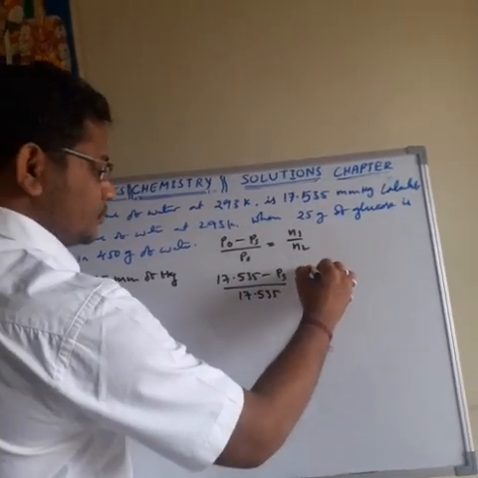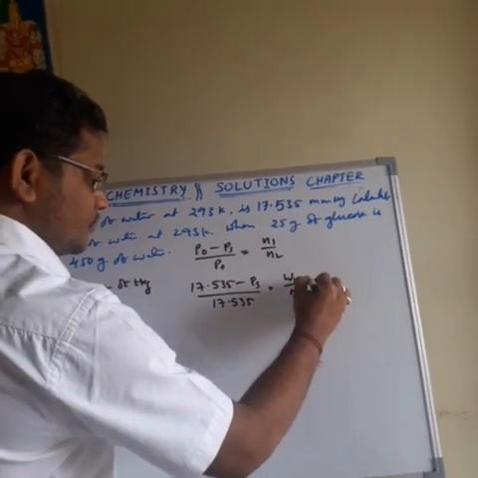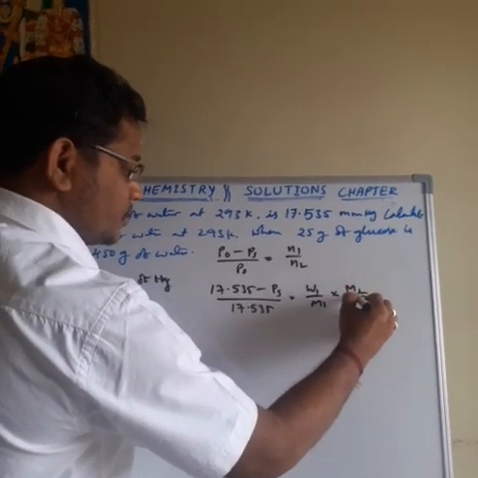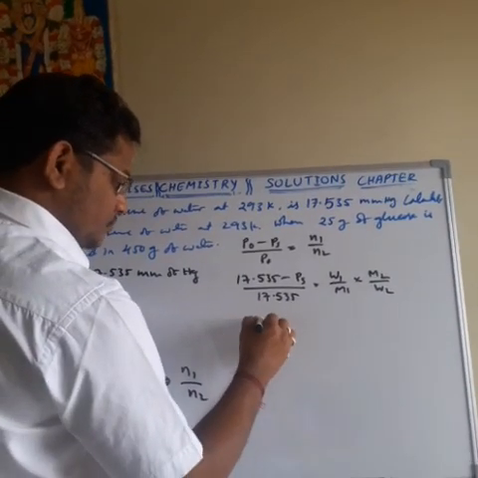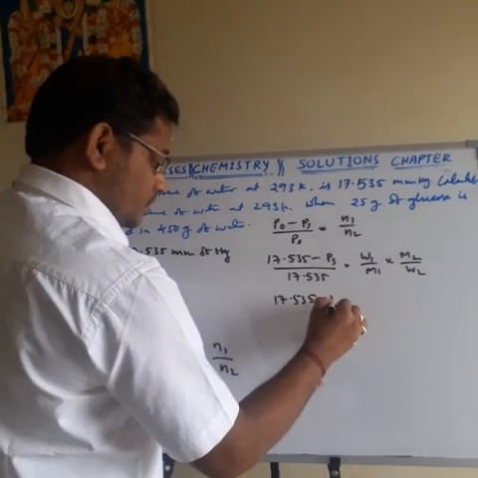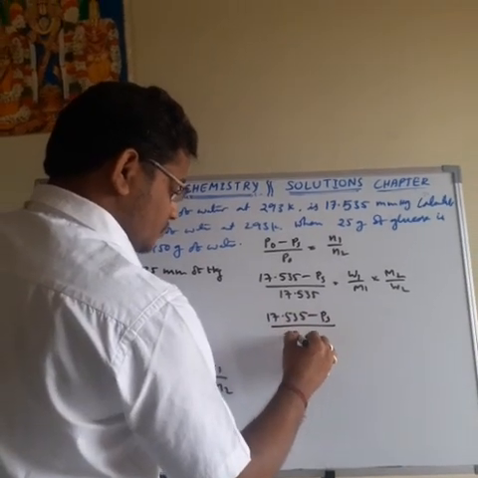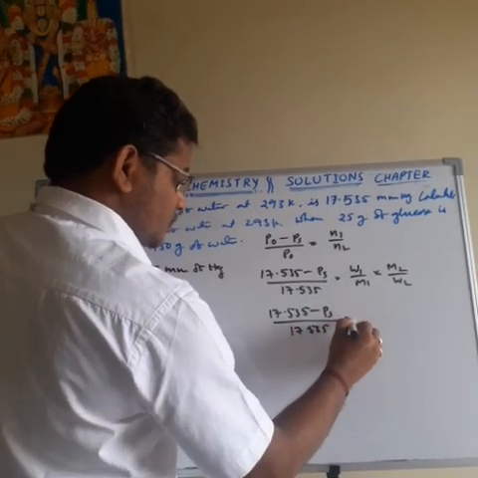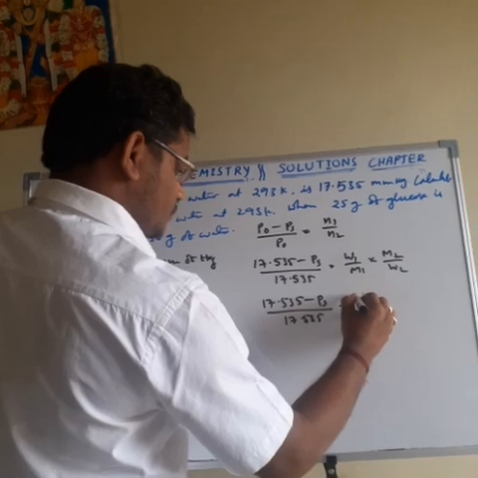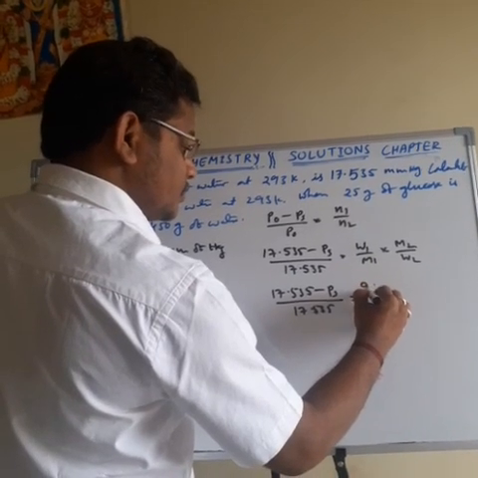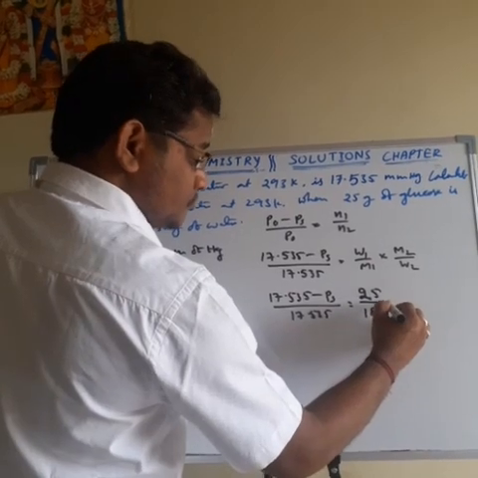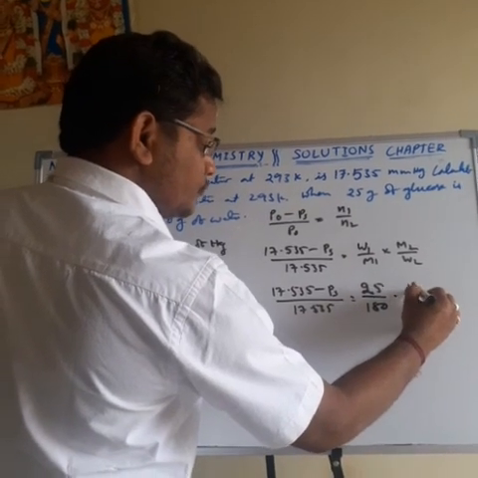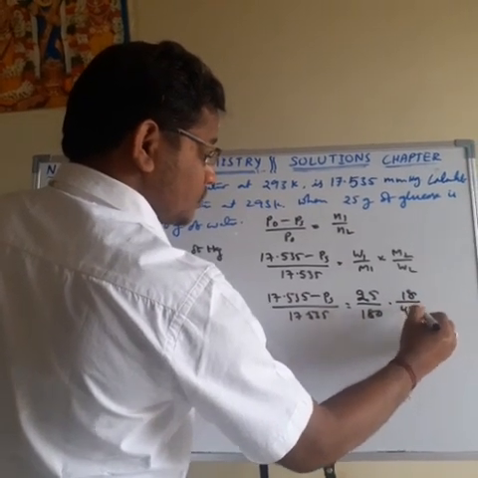N1 by N2 means weight of solute and molecular weight of solute, over weight of solvent and molecular weight of solvent. So 17.535 minus PS divided by 17.535 is equal to 25 gram of glucose with molecular weight 180, dissolved in 450 gram of water.